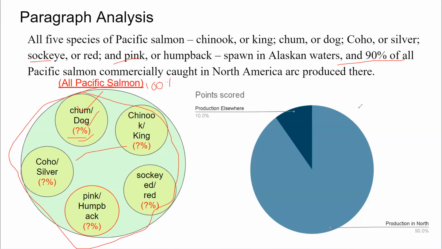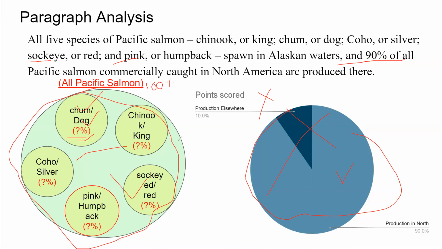Now, let's see this thing. They are saying this is the production of salmon all across the globe, of which 90% are produced in the north and the rest of the 10% are produced elsewhere. So they have not talked about any category of salmon, and because of which this set of information is completely worthless.